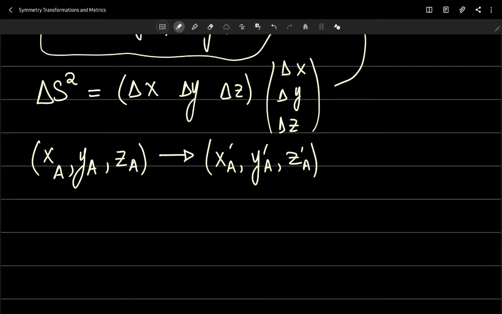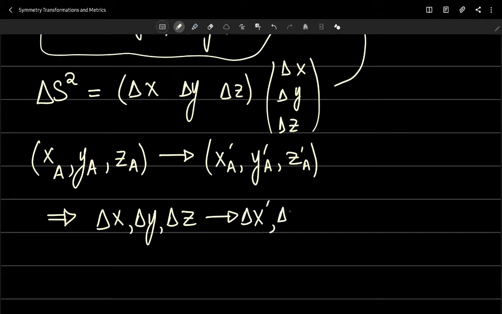And so this simply implies that delta x, delta y, and delta z would transform as delta x prime, delta y prime, delta z prime, right?